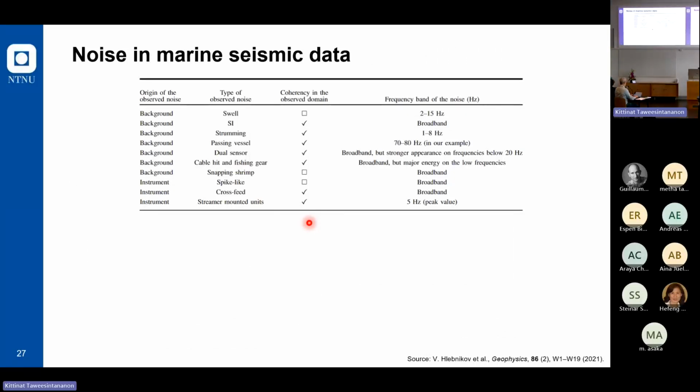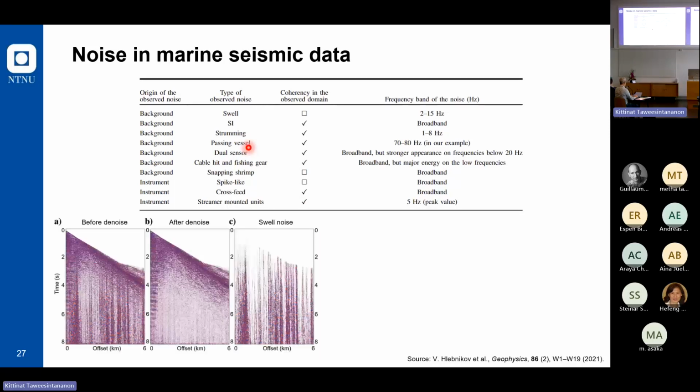But first, what is the noise in marine seismic data? There are several types of noise. I have some examples in marine seismic data. We have swell noise. What does swell noise look like? This is before denoising; you have some high amplitude traces like this. And this is after denoising using a conventional method. You can see clearly how swell interferes with and contaminates the raw data.